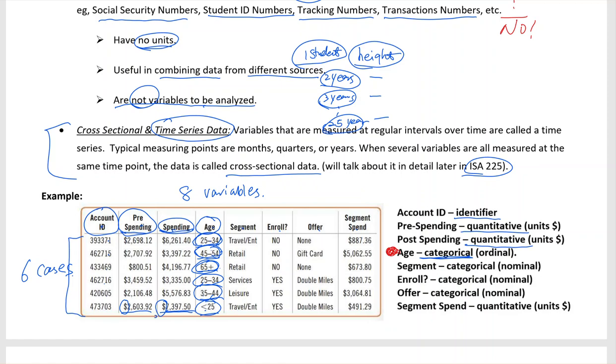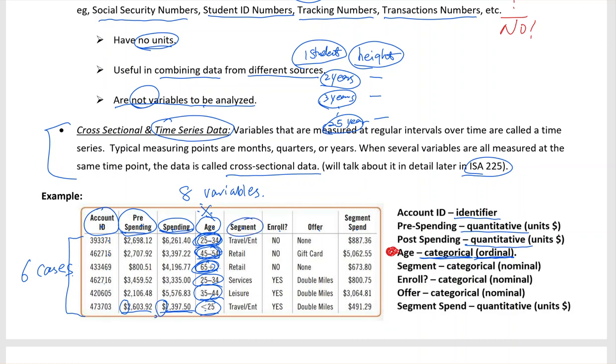Of course they can. This age group is younger than this age group, which is younger than this age group. So these categories can be ordered, and this categorical variable can also be called an ordinal variable. This is a very good example. Think about it.